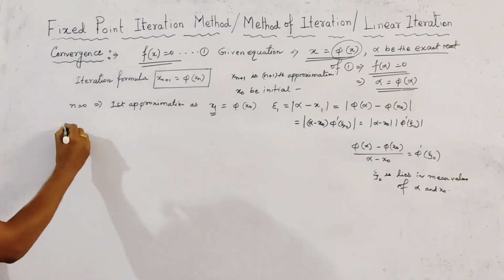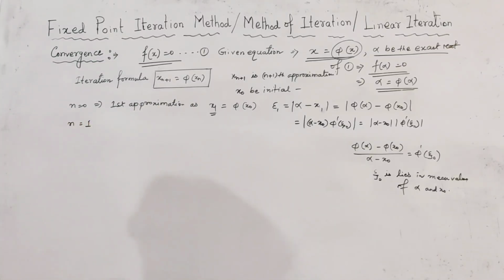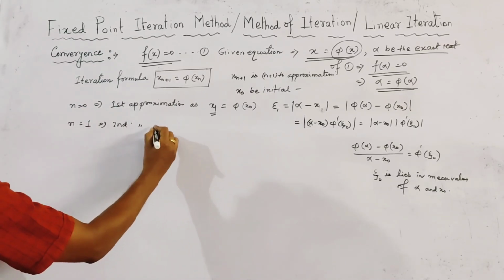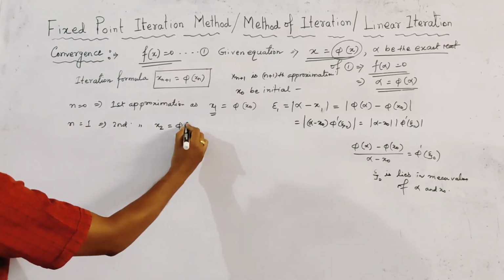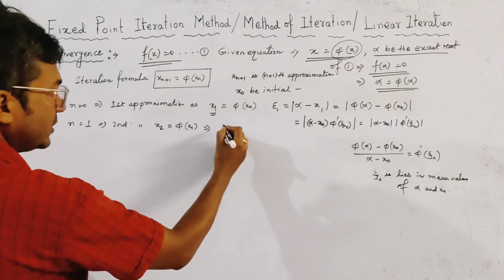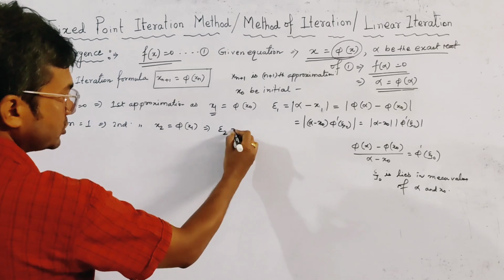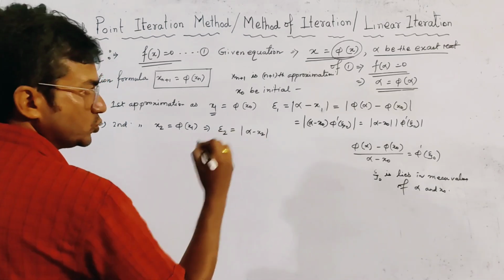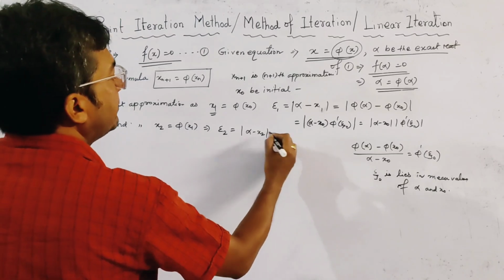Now put n = 1, then the second approximation is given by x2 = phi(x1), and the error epsilon 2 for the second approximation is given by alpha minus x2. What is the value of alpha?